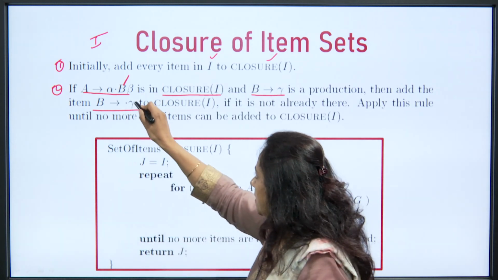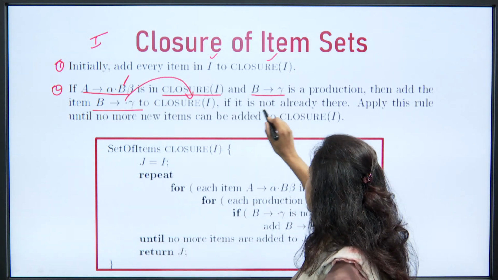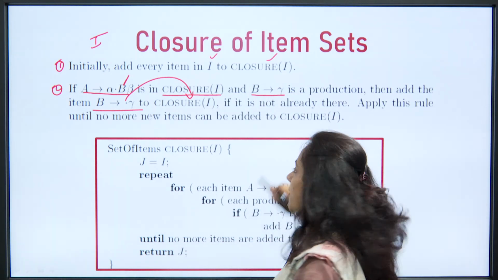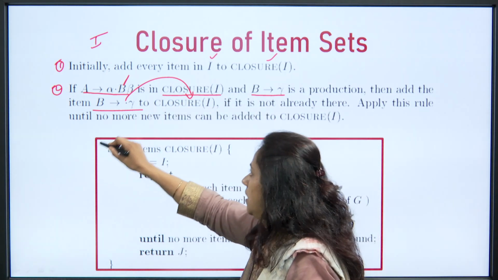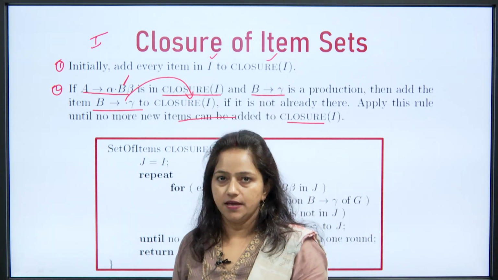So, B to dot gamma will be added into closure of I if it is not already there. Now, apply this rule until no more new items can be added to closure of I.